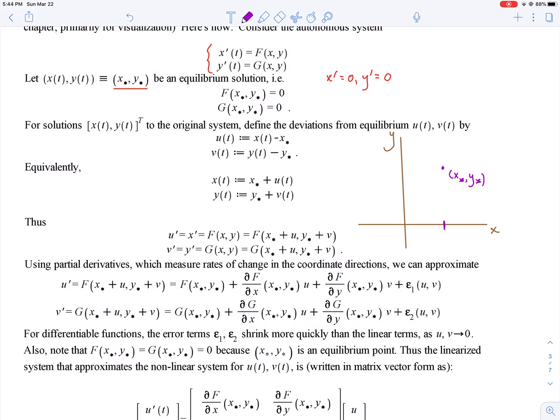So here is x star. Here is x of t. And u of t is x minus x star. And here is y star. And maybe here is y of t at some instant. And v of t is just going to be y minus y star, which would be negative in this picture.